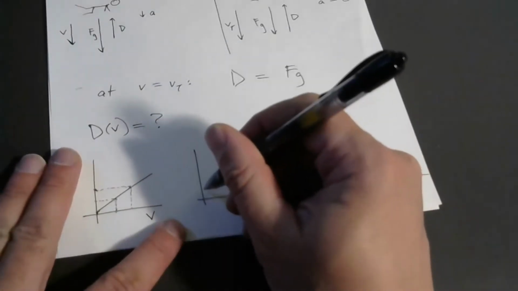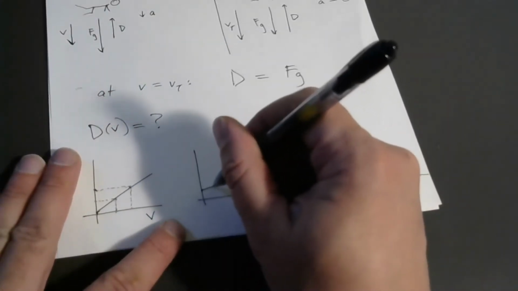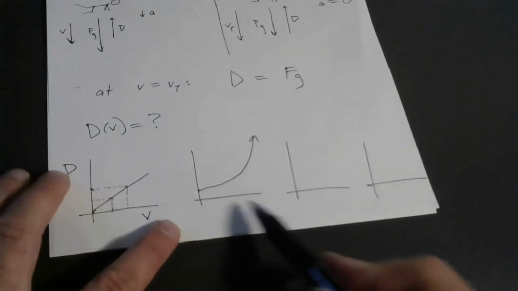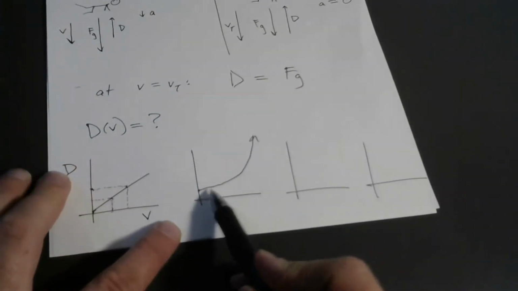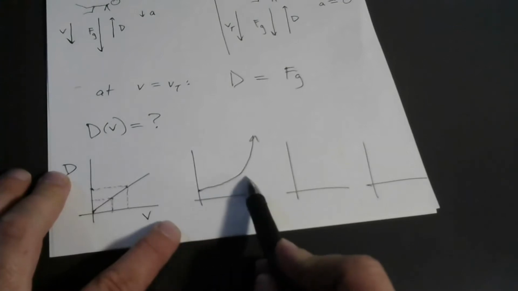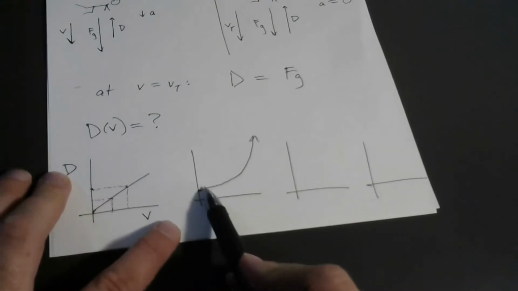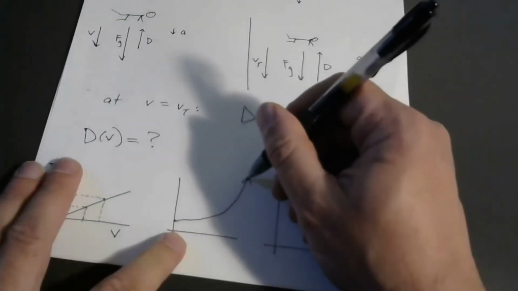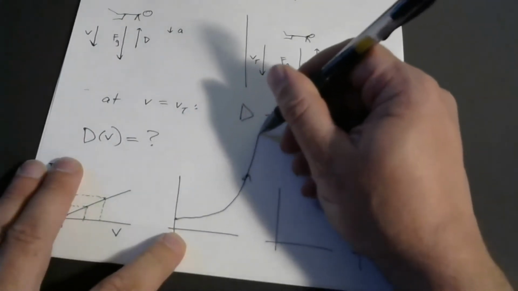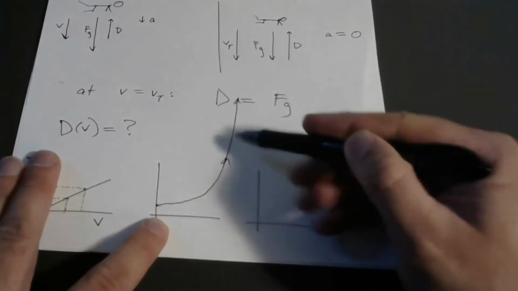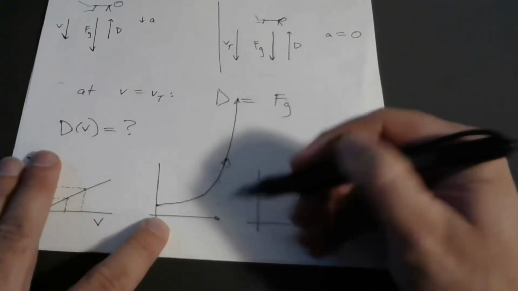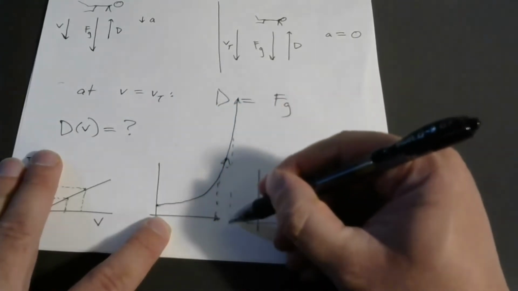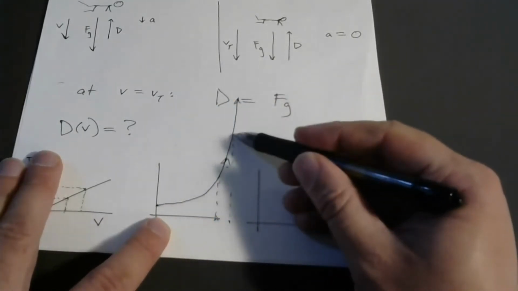I could also imagine something exponential like this, where it suddenly takes off real quickly. That makes a little more sense because you don't feel a whole lot of drag between 0 and 30 miles per hour. And then by the time you get up to 70, 80, 90, there's quite a bit. However, there's something unrealistic about this even because as you go from, let's say, 80 miles per hour to 90 miles per hour, there would be a real sharp increase in drag.